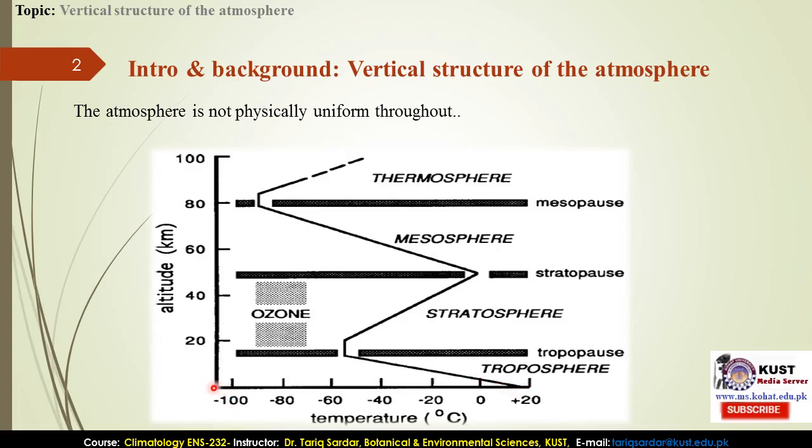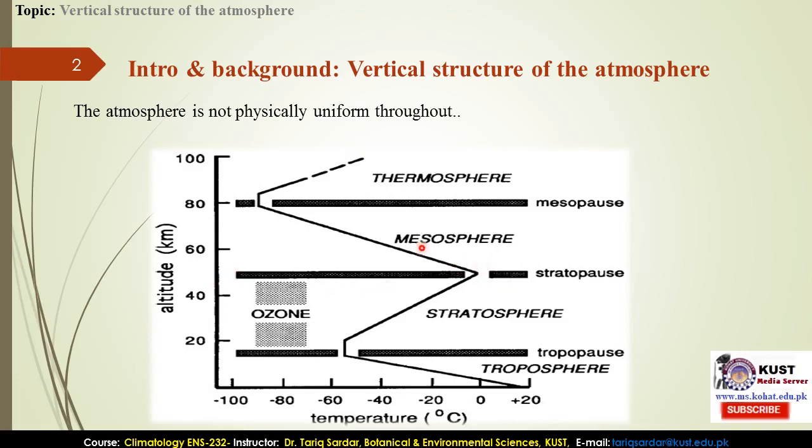So if we start from 0 kilometers, you can see the points here. The troposphere extends to 17 to 20 kilometers. After that, the stratosphere level, about 40 degrees Celsius, till 50 to 60 kilometers.